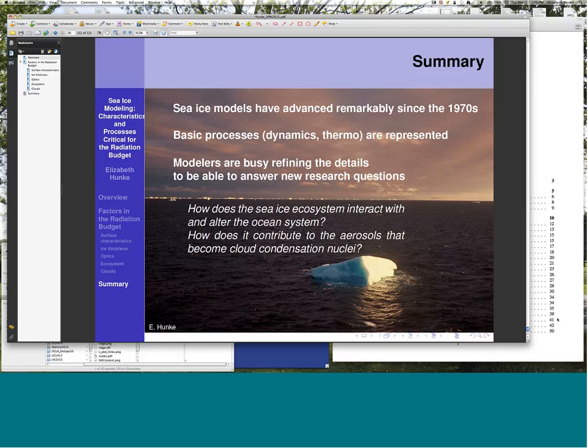So I expect I'll get that back at some point. They are looking at how waves break up the ice around the edges. And as far as tides, there's been some work on that, but I don't know whether there's anyone specifically working on it right now.